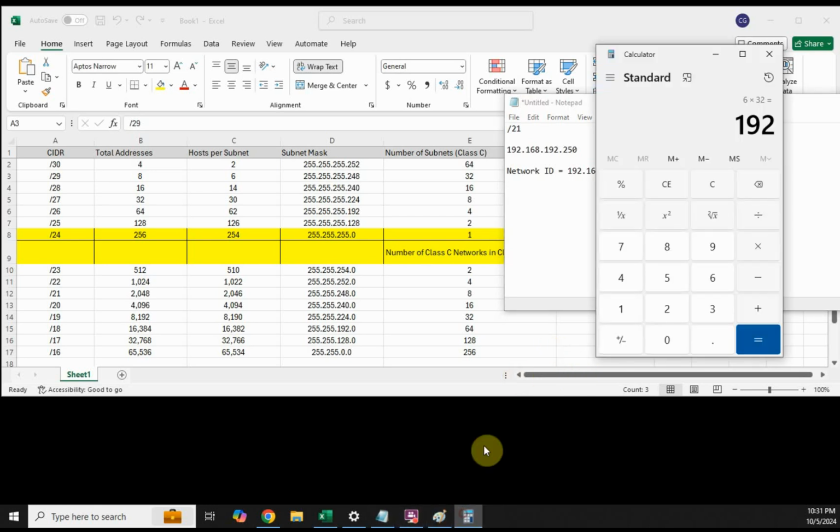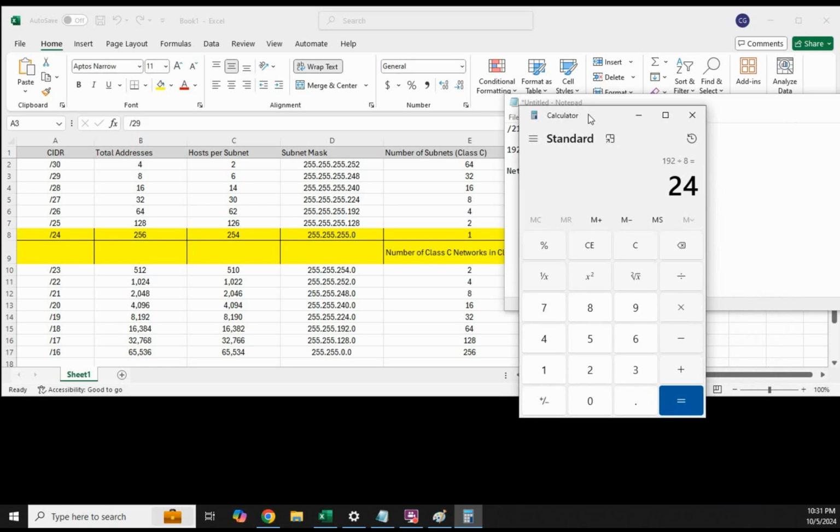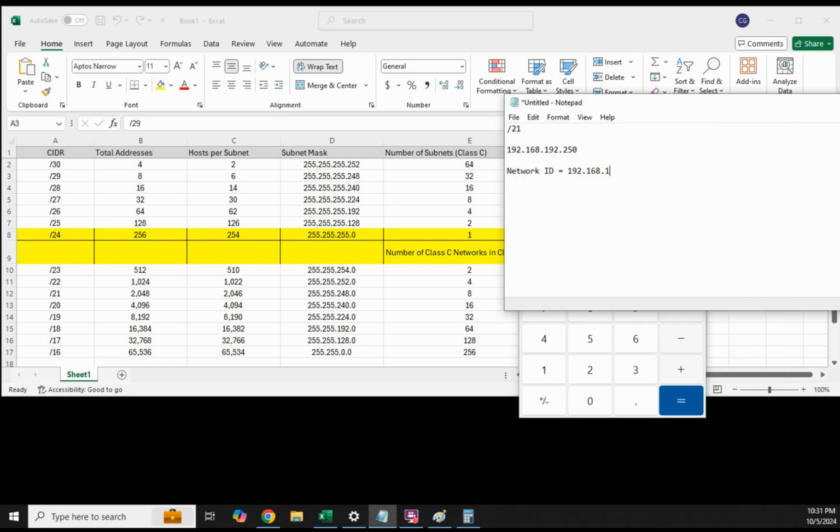So let's do the math. 192 divided by 8 equals 24. Guess what? The network ID on that one is going to be 192.0. That just happened to be that one.